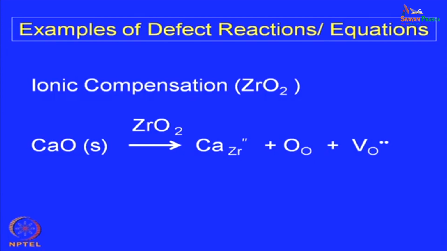Sometimes trivalent metal oxides are also added, like yttrium oxide. By adding these, there is what is called the allovalent substitution. That means zirconium 4 plus has been substituted by calcium 2 plus. So, there is a charge imbalance in the lattice, in the cationic site. Calcium goes to the zirconium site.